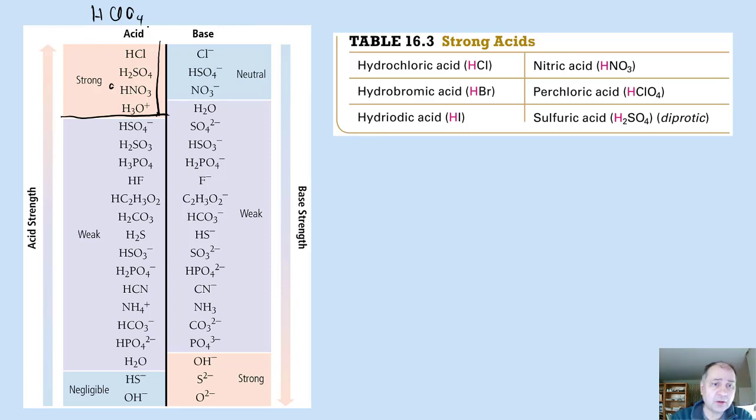HClO4 is also strong. It will produce pH neutral anions because they will not go back and produce these acids, so that's why. Whereas all of the weaker acids will produce weak bases, right?